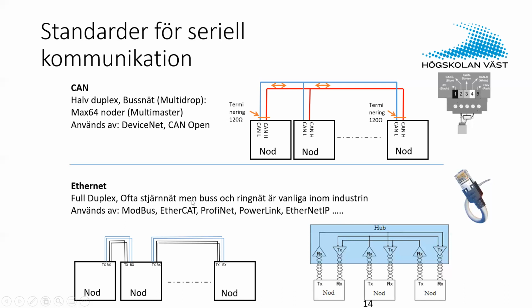We typically connect point to point to a switch, but there are many fieldbuses that are based on Ethernet, but users have remodeled it as a bus or ring network. Some examples are Modbus, EtherCAT, Profinet, PowerLink, and EtherNet/IP, and there are more fieldbuses that are based on Ethernet.